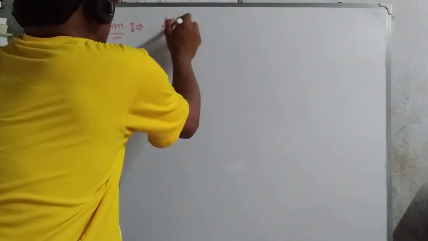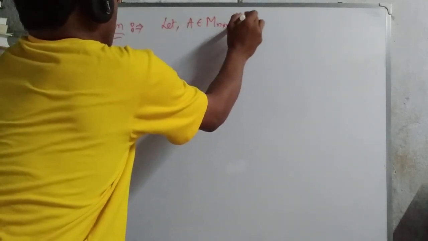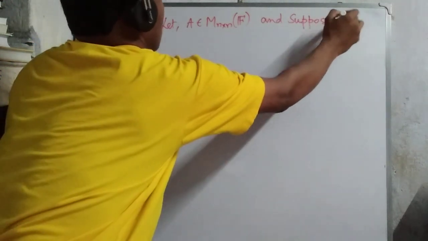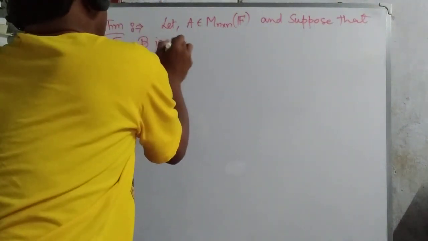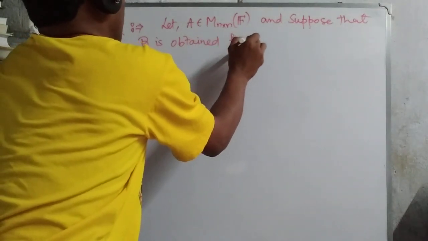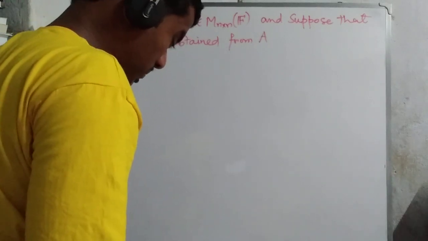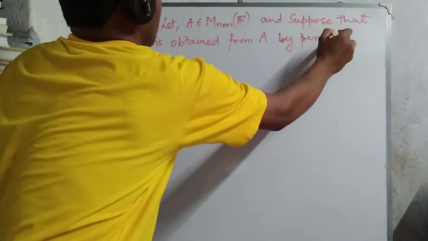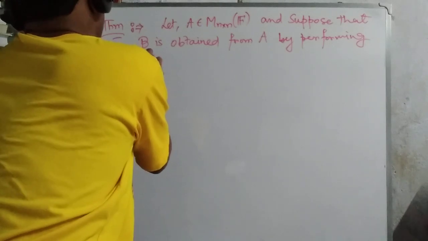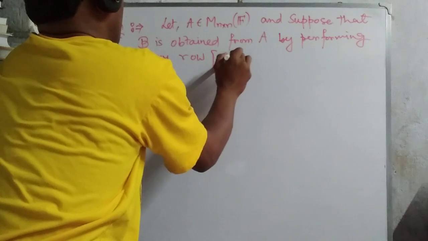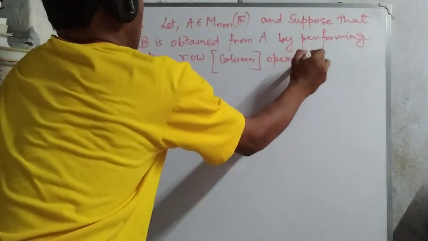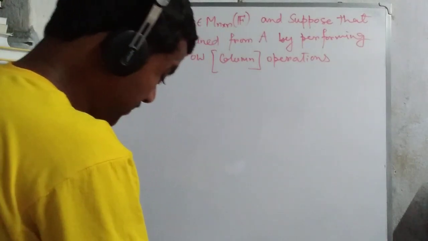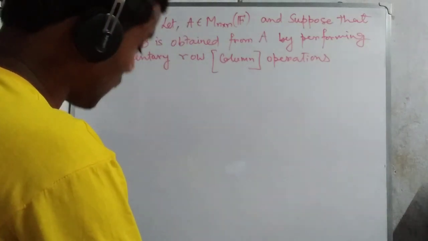Let A belong to M n cross n, and suppose that B is obtained from A by performing an elementary row or column operation.